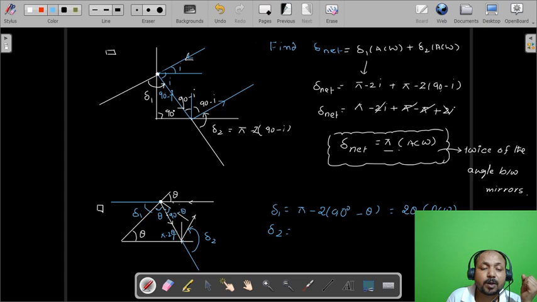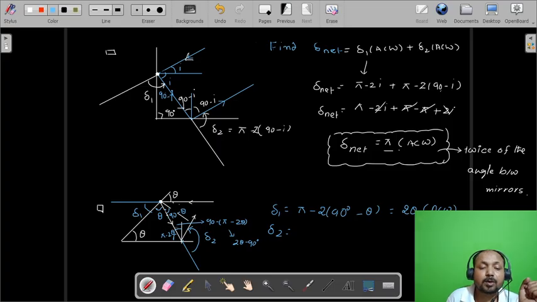So what will be the value of this angle? This angle will be 90 minus pi minus 2 theta, which will come out 2 theta minus 90.